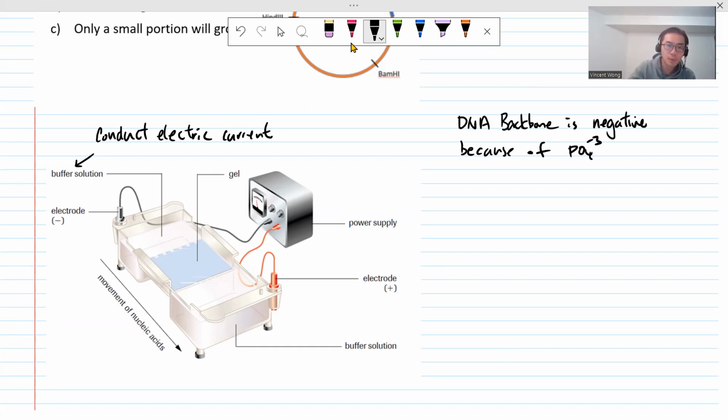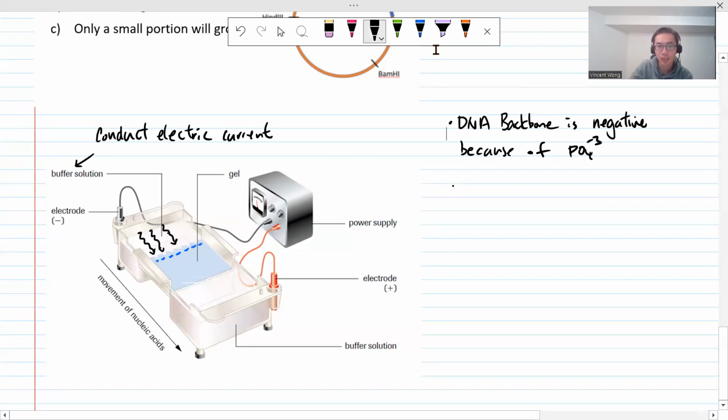So if you put the DNA here in the gel, and I'll tell you more about the gel in a bit. If you put the DNA here, that's the DNA, the blue stuff. The current, which is going from negative to positive, is going to push the DNA towards the positive electrode.